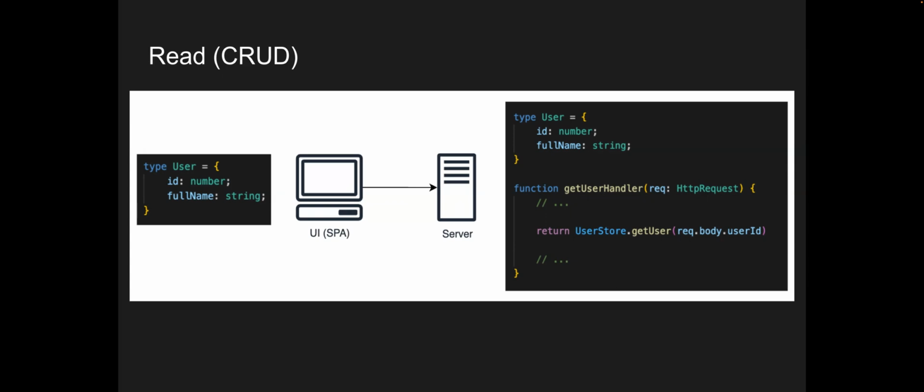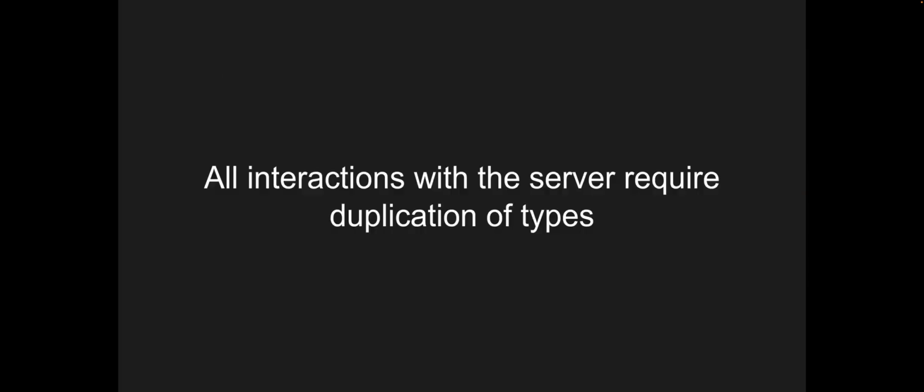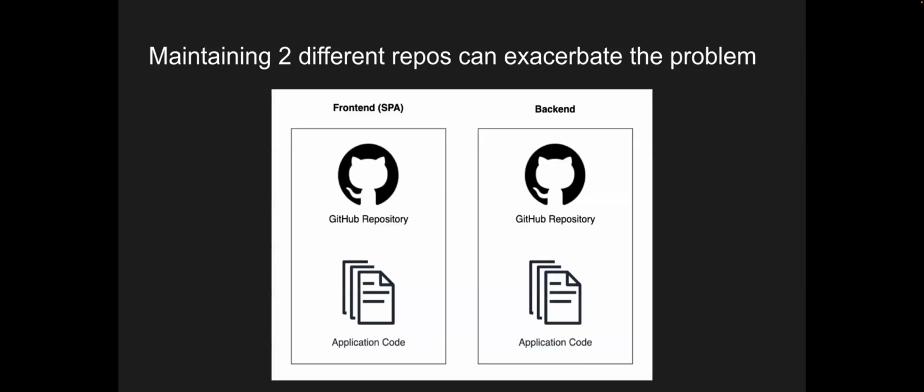But if ID and full name is all that the server is going to return to you, then ID and full name is all that the UI has to work with, right? And so you need those types in both locations. And so there's this duplication of types that we end up with. And maintaining 2 different repos in particular can exacerbate this problem, because now it's like, all right, so I got some code in this repo, and then I got to copy it and put it over in this repo or whatever the case may be.